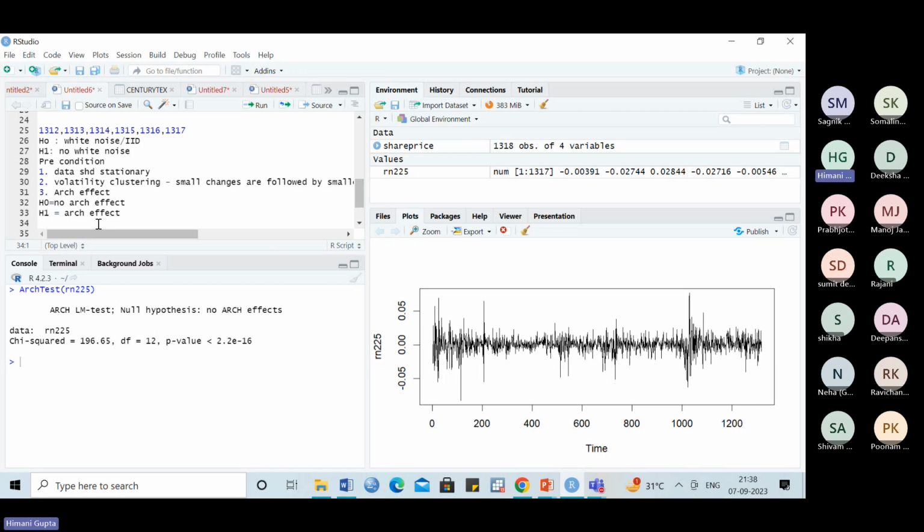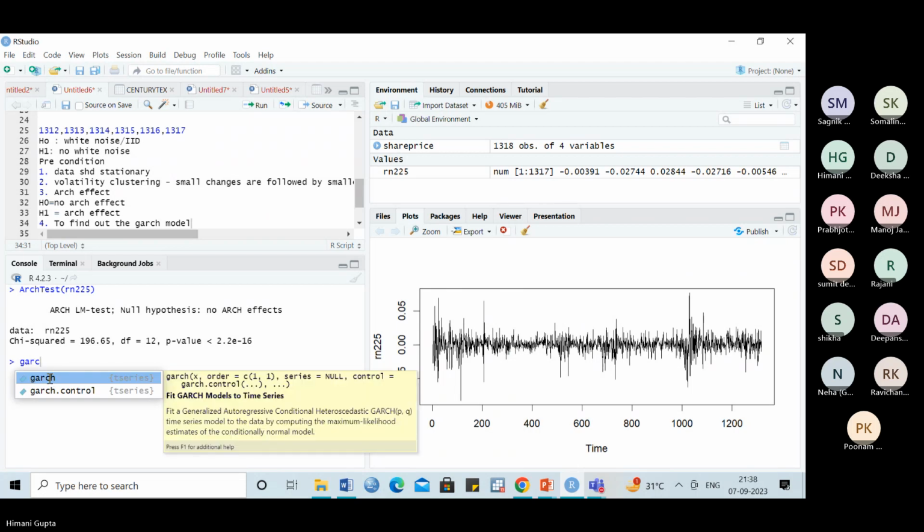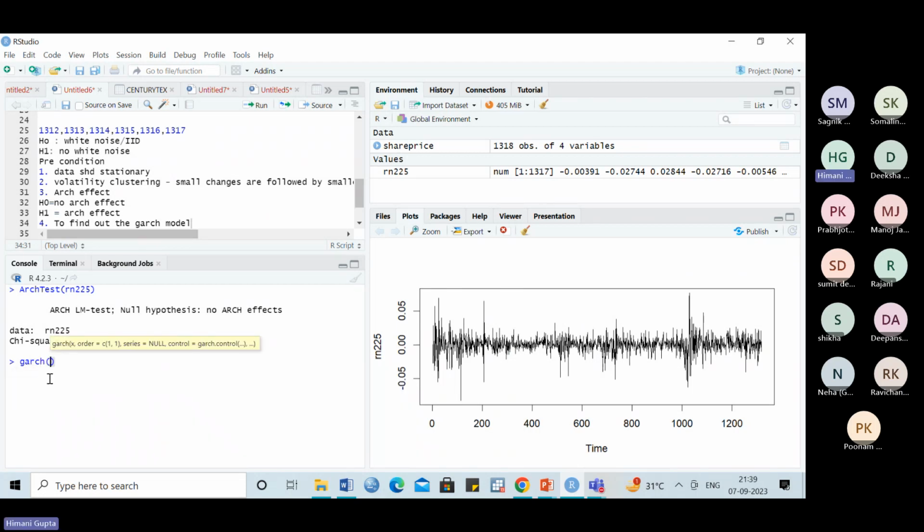So the fourth step is to find out the GARCH model. So now I'm going to find out the GARCH model. So the command will be garch. Now you have to write the series name RN225, comma, grad.